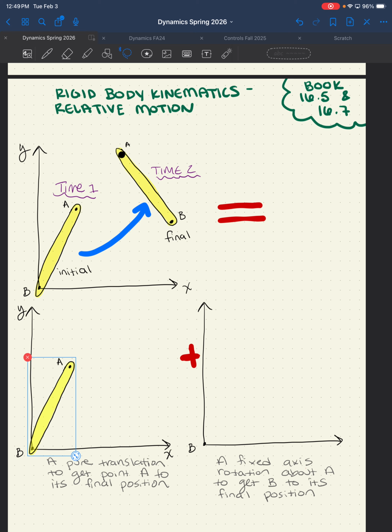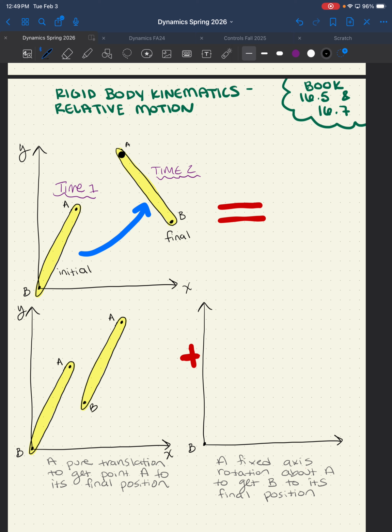I'm going to show you its initial position down here, and then just so you know I'm not lying, I'm copying and pasting this, so I'm not rotating it whatsoever. But I'm going to translate this body until point A gets to its final position. Okay, so point A's final position is somewhere up and to the right here, okay? So this is the translation that we'll do to it.